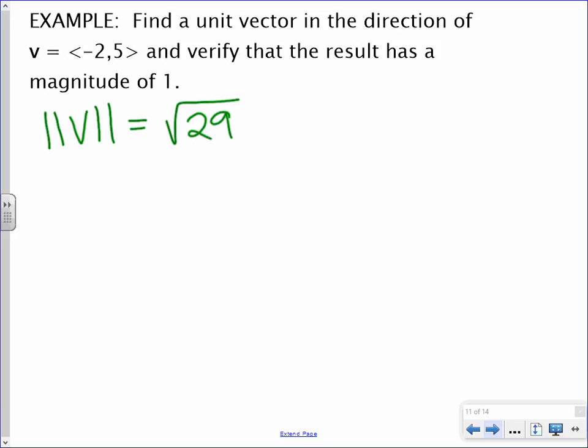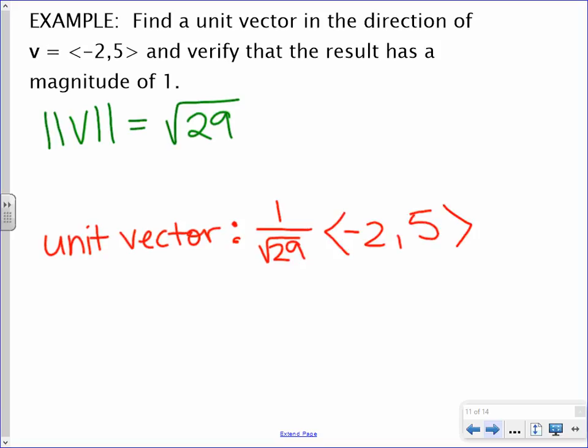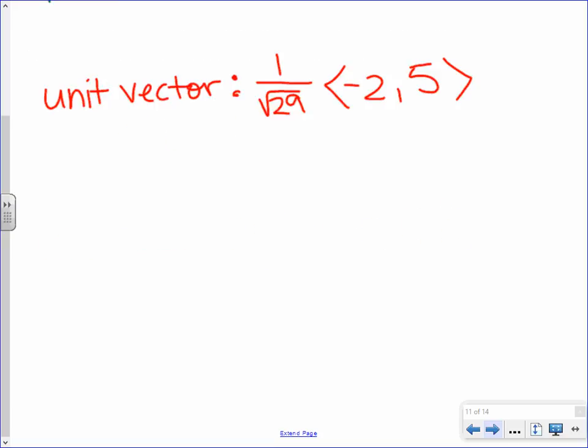Okay. So if we want a unit vector, we are going to take 1 over radical 29 and multiply it to the vector -2, 5. So what I'm going to do is go ahead and rationalize the scalar to radical 29 over 29.